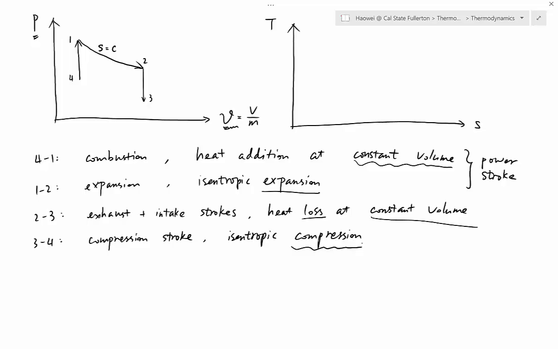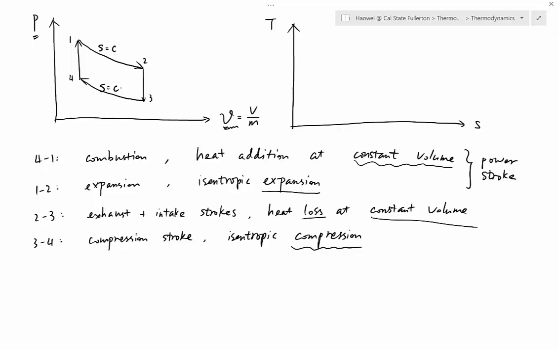And then how does the y-coordinate pressure change? If it is a compression process, pressure must go up. So this process 3-4 must go up and to the left. So we connect 3 and 4 with a slight curve. And again, make a note, since 3-4 is isentropic, entropy S must be constant. So this is how you sketch the four strokes on a P versus nu diagram.